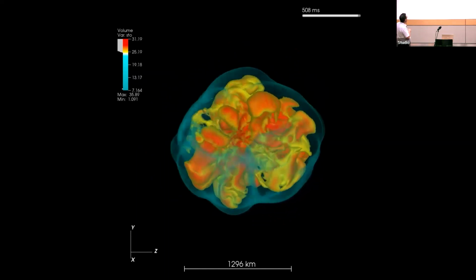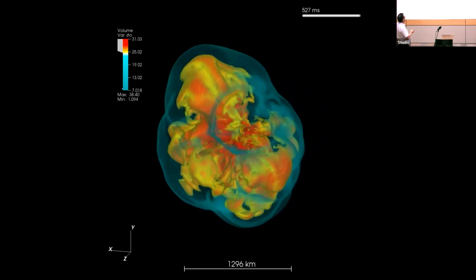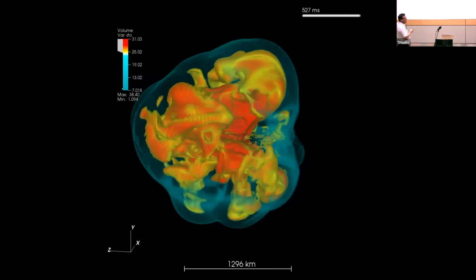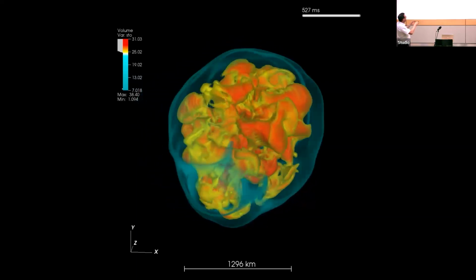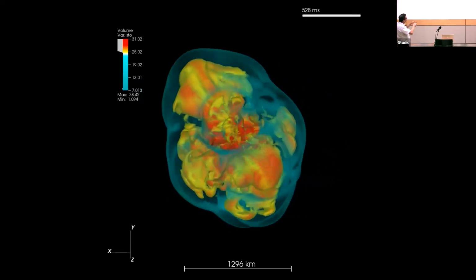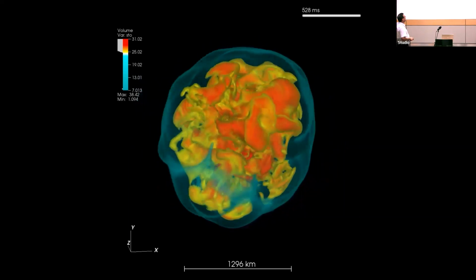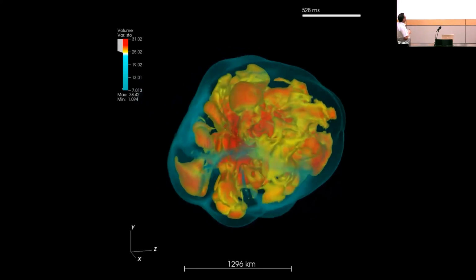The simulation stops when this outward moving shock has reached a radius of about 1,300 kilometers. So this is still deep inside the core of the star, but the shock will now propagate into the envelope and eject the rest of the star. And that is a supernova.